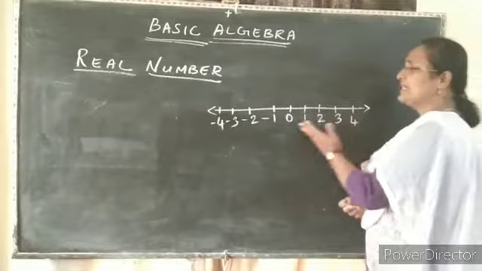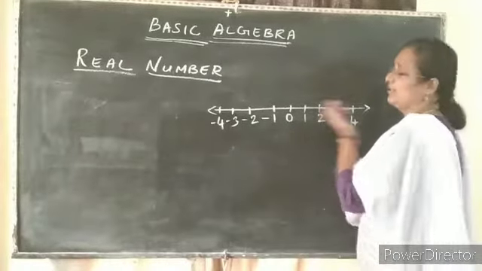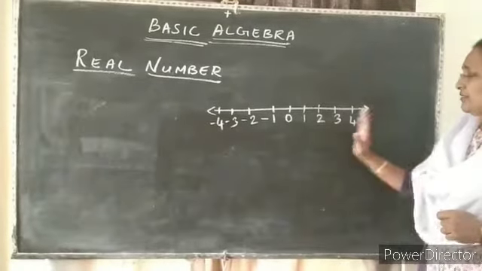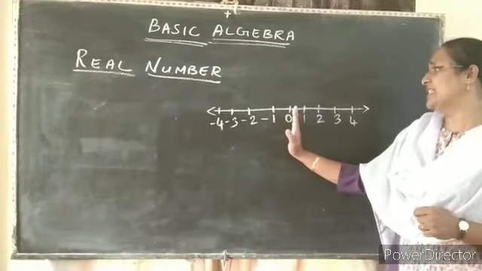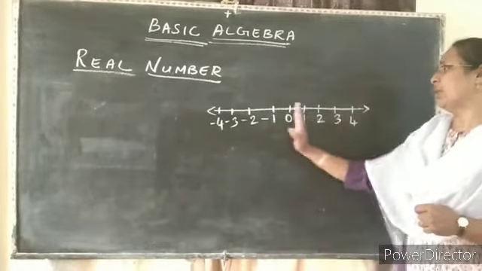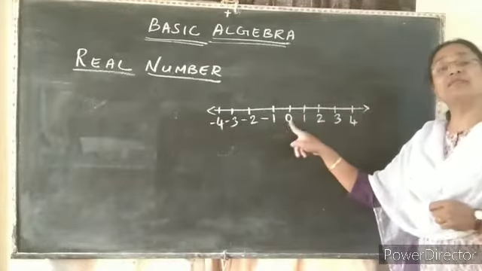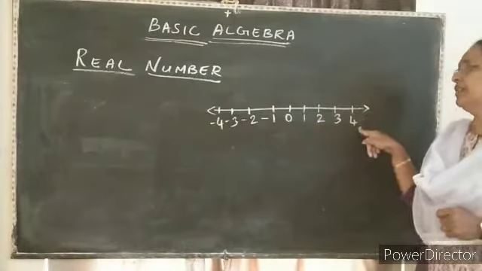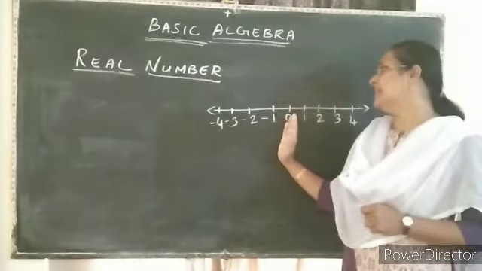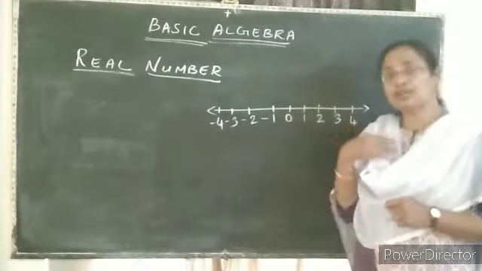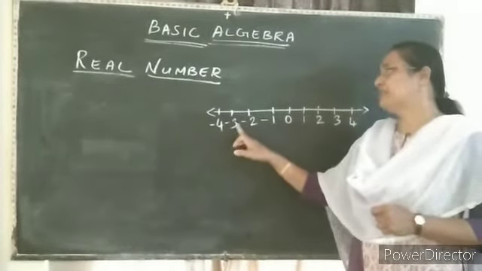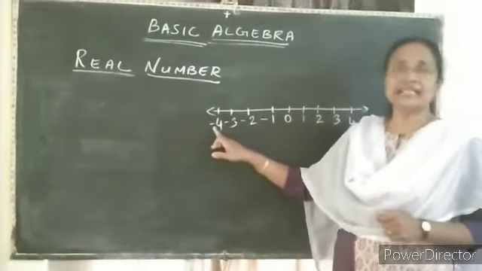So these numbers are plotted on the real line, on the straight line, isn't it? Now look into this. The numbers towards the right side of the 0 are positive numbers 1, 2, 3 and 4. The numbers on the left side of the 0 are -1, -2, -3 and -4.